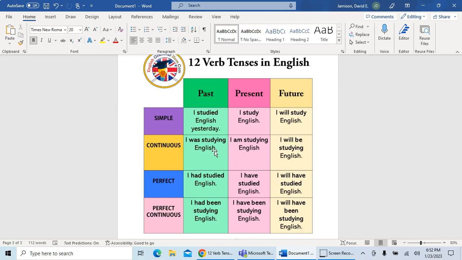And if you're saying, I was driving to the store yesterday, I was buying groceries, I was eating pizza over and over again, then that's incorrect because you should only use past continuous to explain some condition that was happening in your story when it began, rather. Past perfect is when you put had in front of whatever your verb is. I had studied English. If you're using had over and over again, you're doing the same thing.